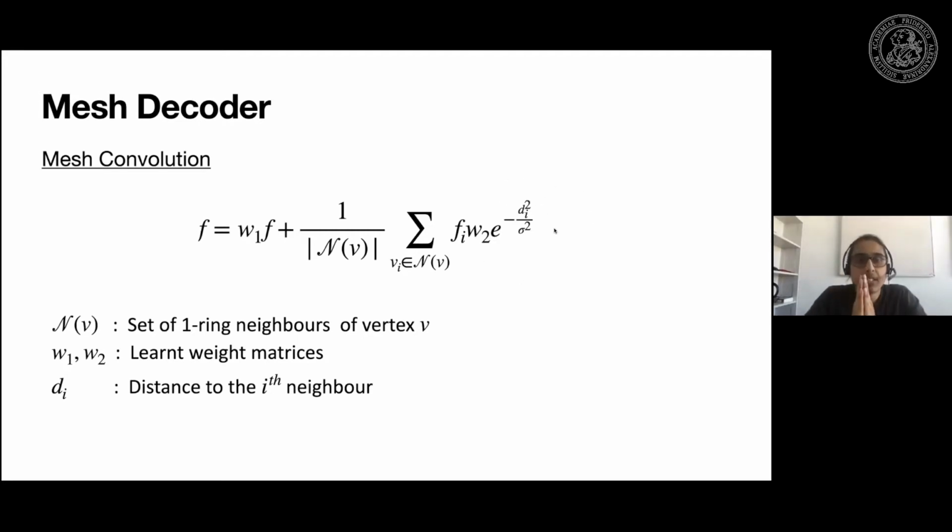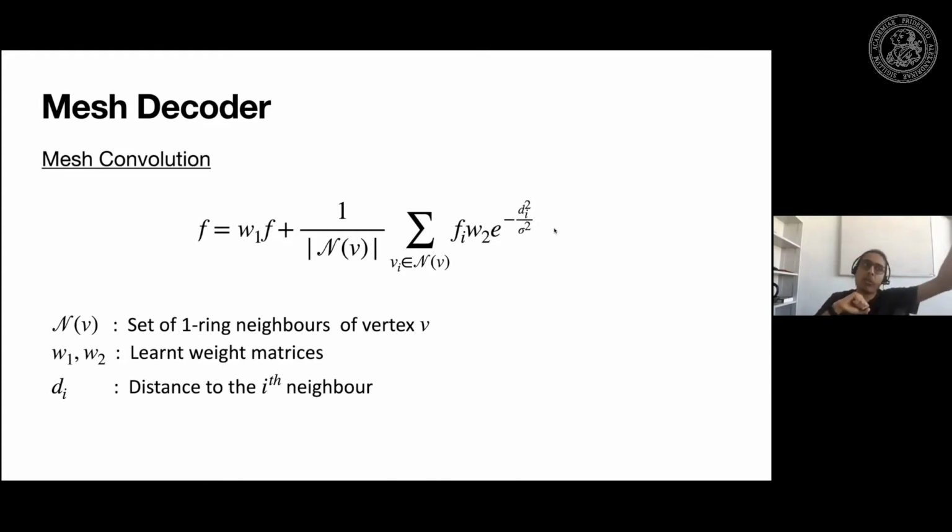There is also this other term. When you deform, you can have some vertices far away from a vertex and some vertices very close to it. The basic idea is that if a vertex is close to the center vertex, it should have more influence on it than a vertex which is far away. So we have a normalizing coefficient that assigns a weight based on the distance.